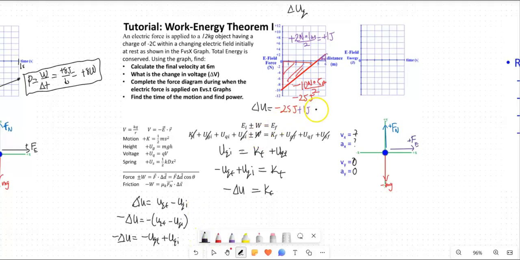So that is going to be negative 24 joules. So now we figured out what delta U is. And this is going to be 1/2 the mass, which is 12 kilograms, times the final velocity that we're being asked to solve for.